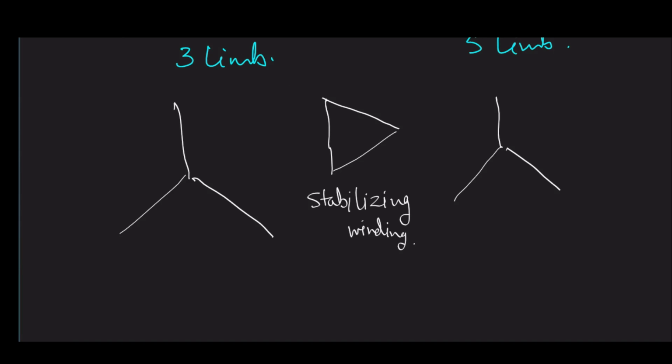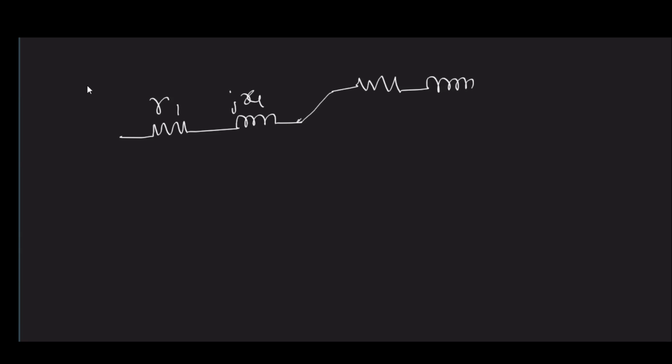So if we take a single phase basis, then what we can show is that the single phase equivalent circuit will be like this: you have one primary winding with R1 and jX1, and you have two secondary windings, one the tertiary winding and another due to your normal secondary.